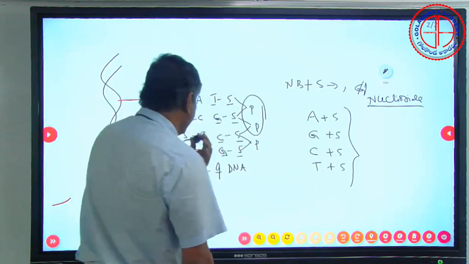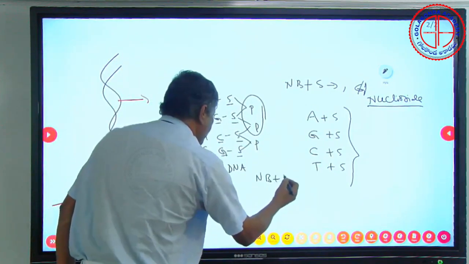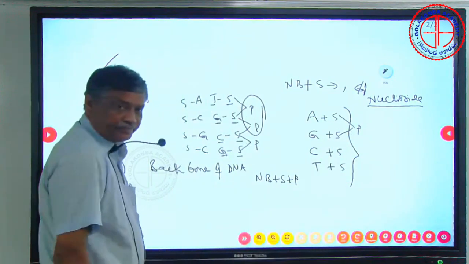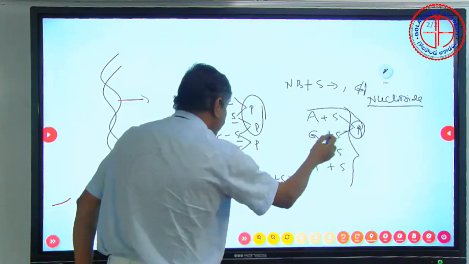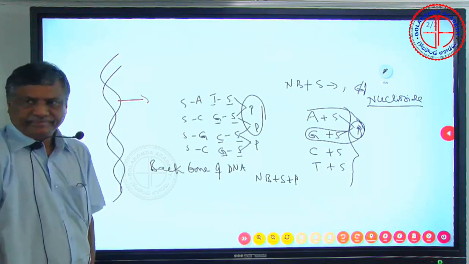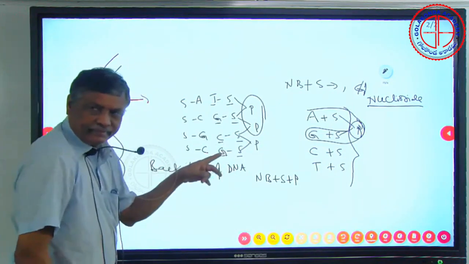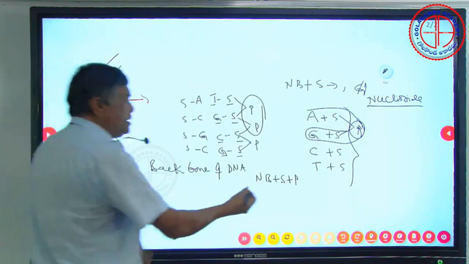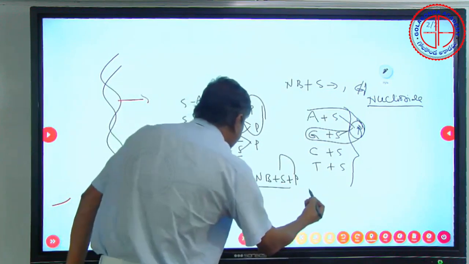Then one more point here. Nitrogen base, sugar, again phosphate. You see, both: this phosphate is connected to this nucleoside, and this phosphate is connected to this nucleoside. How many nucleosides are there? 4. Then the phosphate, when included with the nucleoside, is collectively known as a nucleotide.